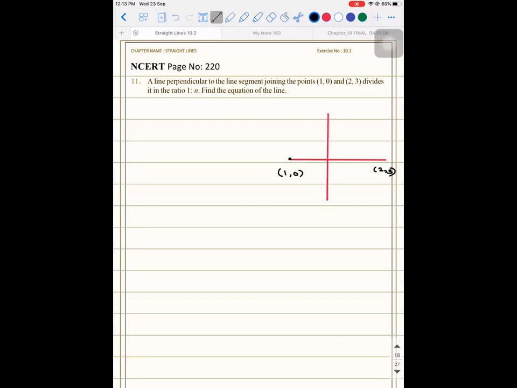So there is some line which is perpendicular to it. Okay. The point R is dividing the line segment in the ratio 1:n. We need to find the equation of the line passing through R. So how do we do?